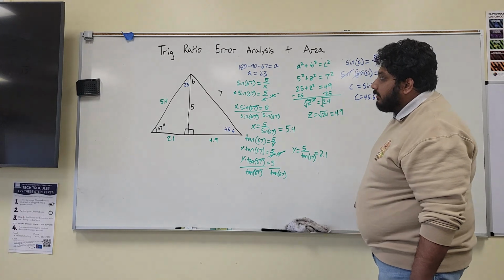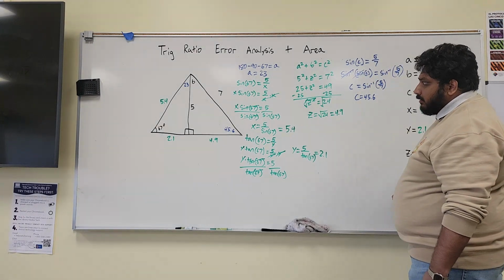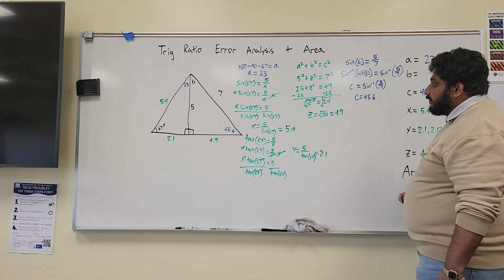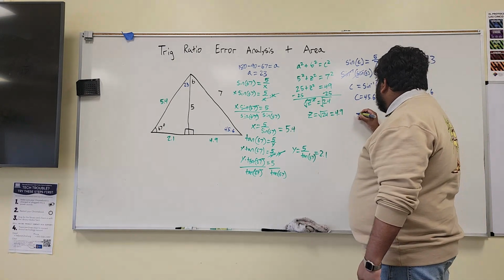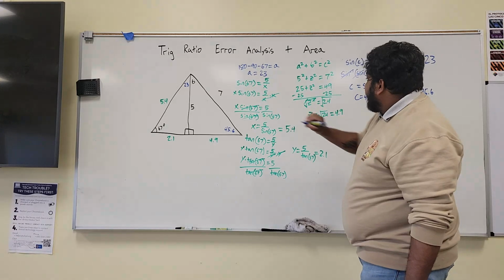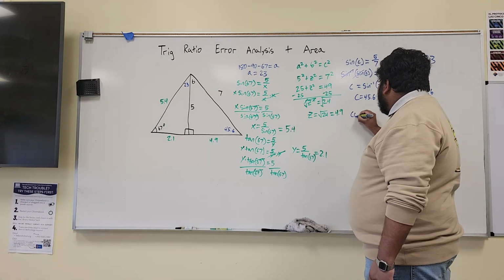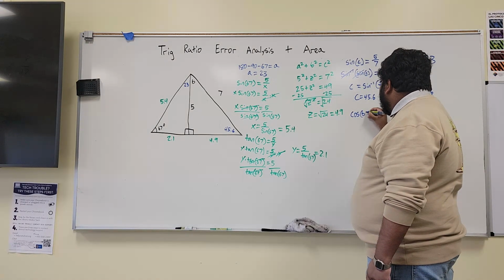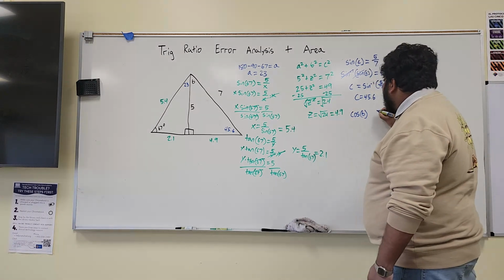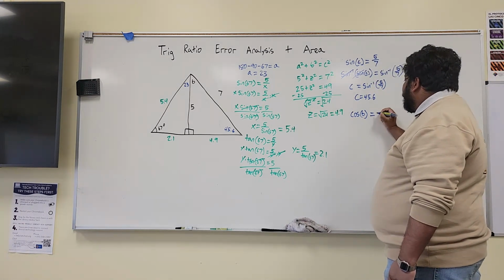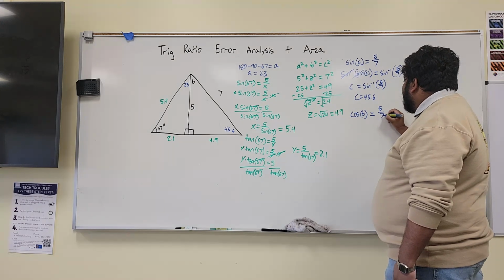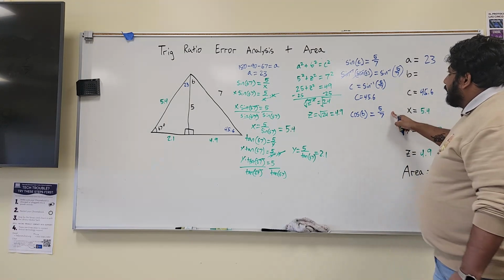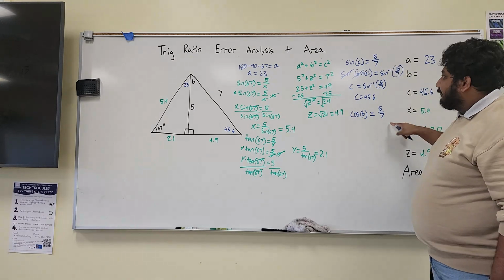And for B, we'll use cosine. It doesn't look like we've used cosine yet, so we'll use cosine. Remember, B is our reference angle, so cosine of B is going to be equal to the adjacent side, which is 5, and then over 7, which our hypotenuse is. That's how it matches up.